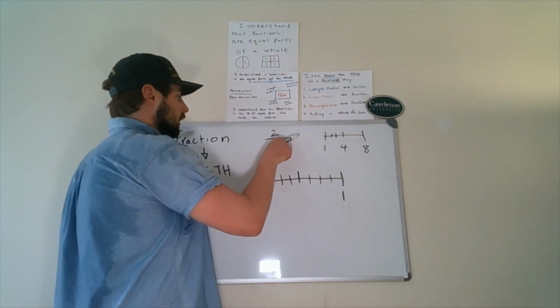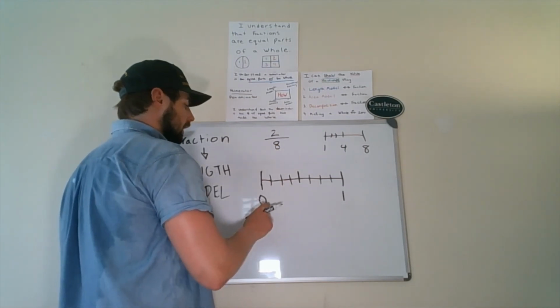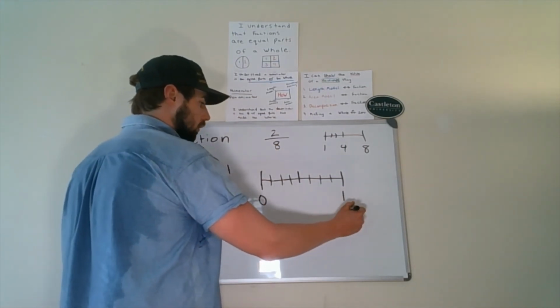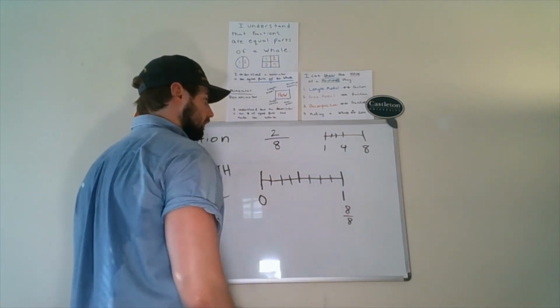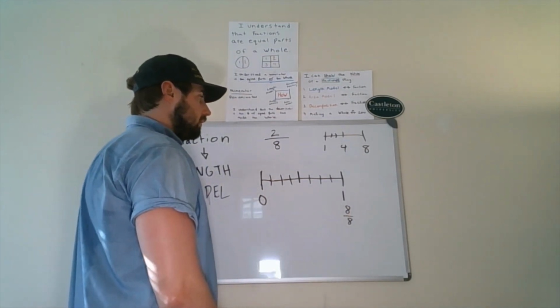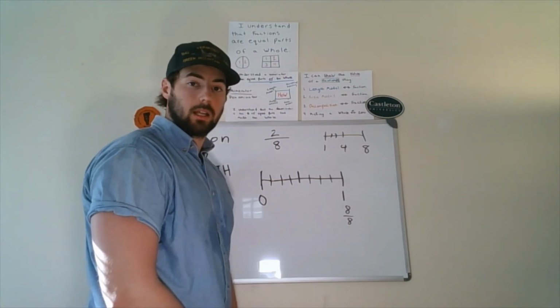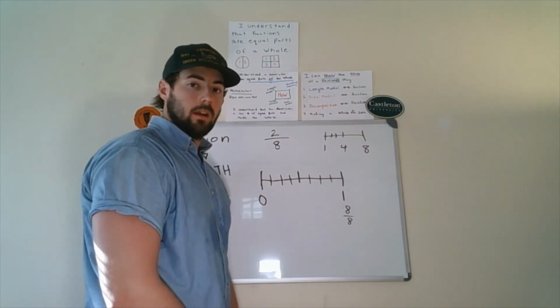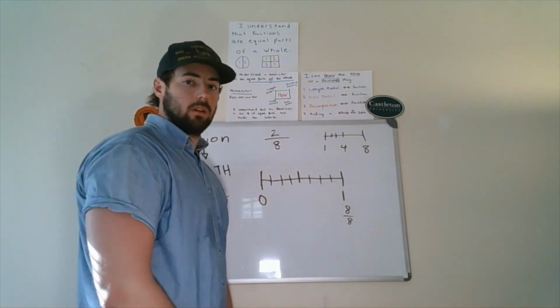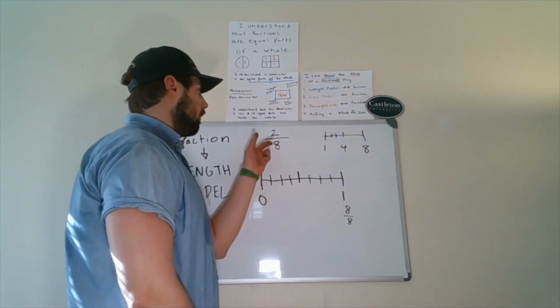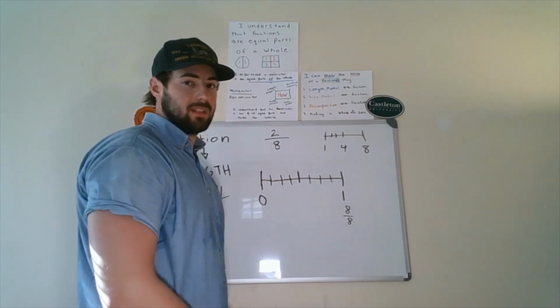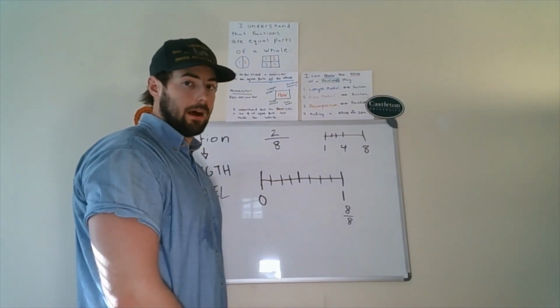We just took our first step. We partitioned 8 equal parts to make this whole, which would of course be 8 eighths. But how many parts are we talking about, guys? How many eighths are being represented? What is the value of these eighths? We're not talking about a whole.